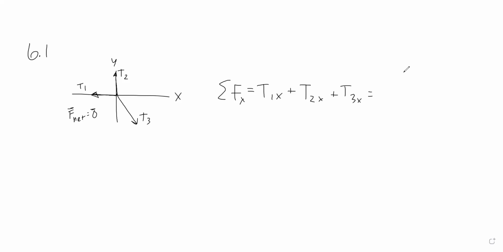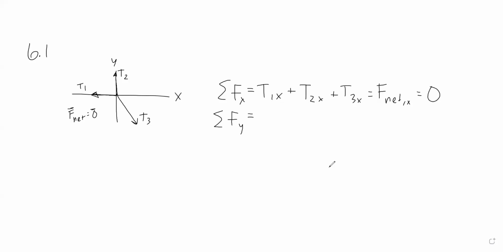And in this example, it equals F net in the x direction, but in this case, that's 0. So there's nothing wrong with just starting off with the most general way to describe it. And we can do the same thing for y. We're going to sum the forces in the y direction.